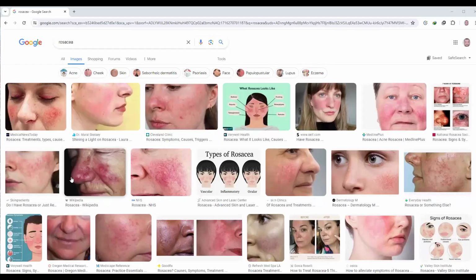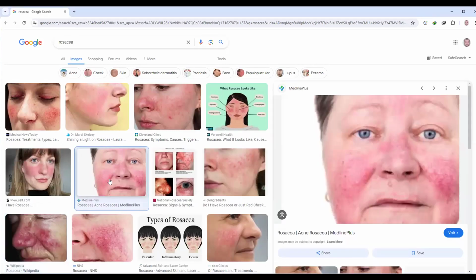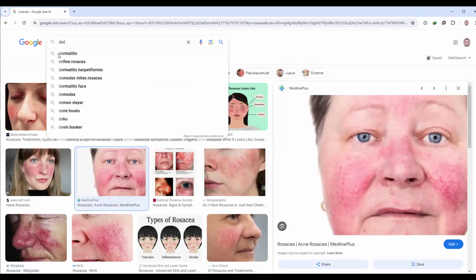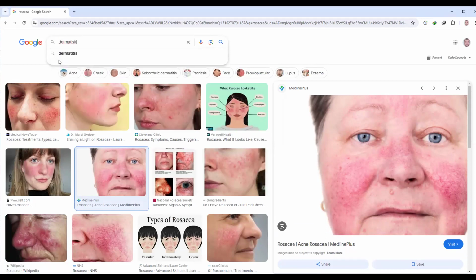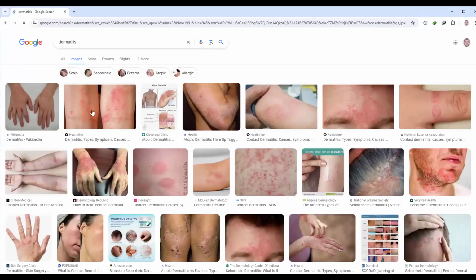These are some pictures for rosacea. How about dermatitis? These are examples of dermatitis.